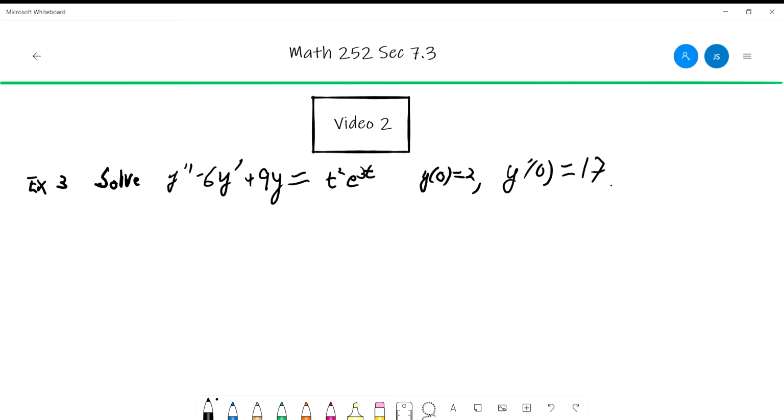So what we're going to do, we're going to start with this differential equation that we have right here, and we're going to take the Laplace transform of both sides. So that will convert it from a differential equation to an algebraic equation.